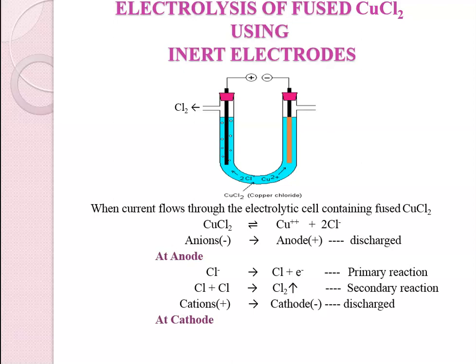Similarly, these electrons through the external circuit reach the cathode, wherein the copper ions take up these electrons and form copper. So as a result of electrolysis of fused copper chloride, you get chlorine gas at the anode and copper at the cathode.